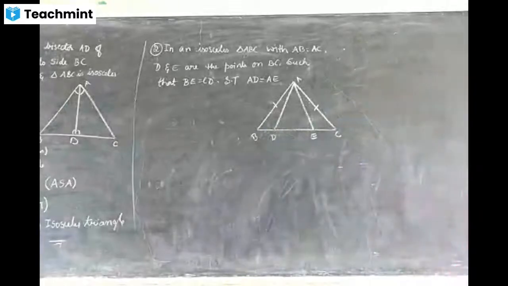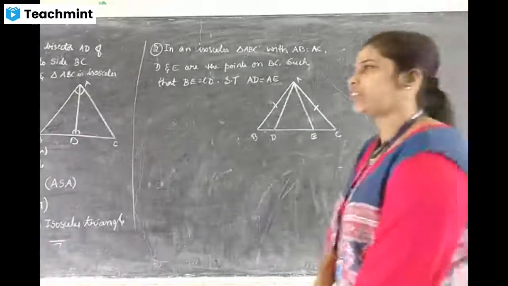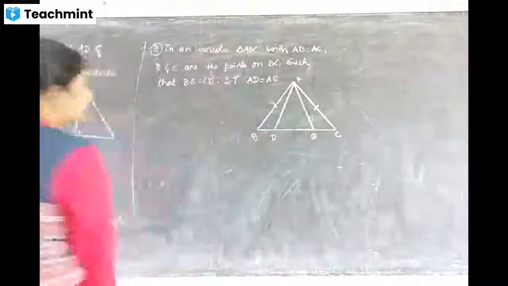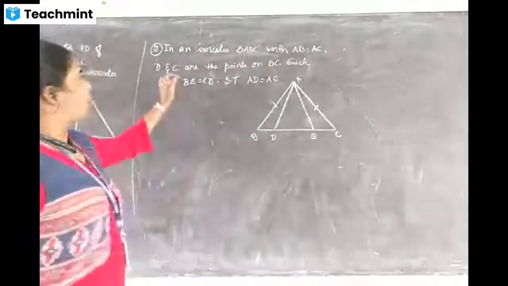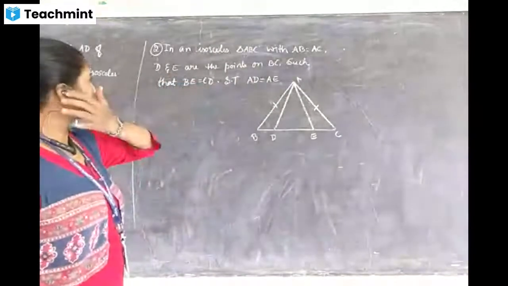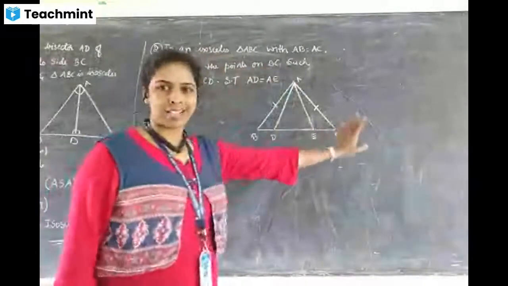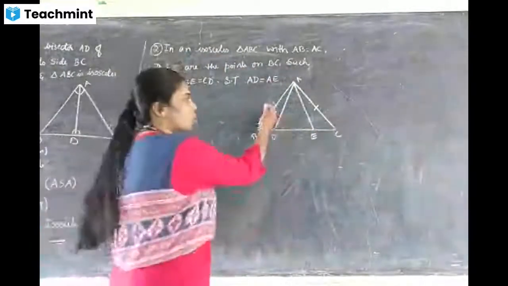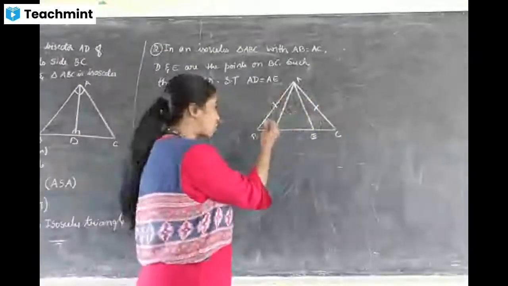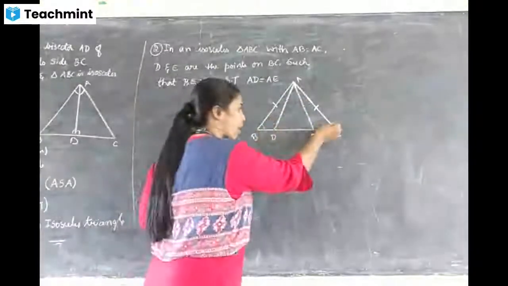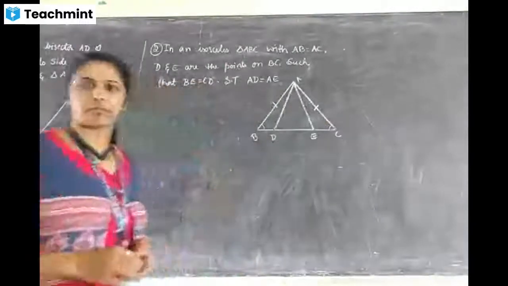Okay. A little work is there here, not direct. First, the triangle is isosceles, which means two sides are equal, and the base angles corresponding to them are equal.